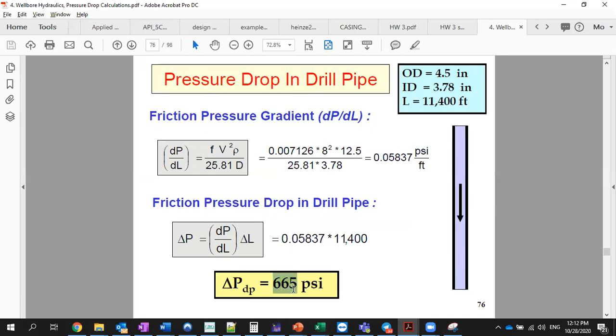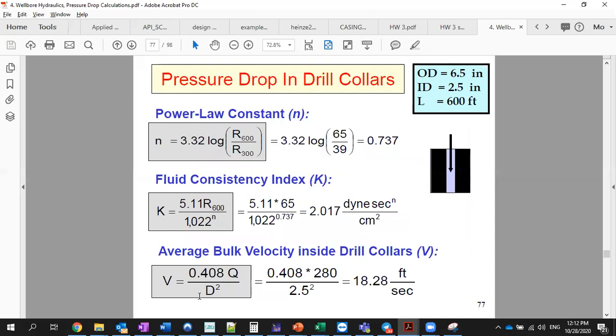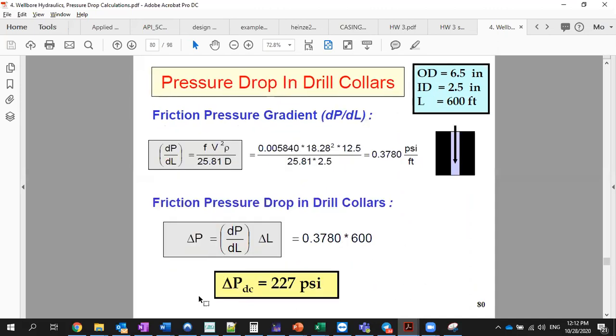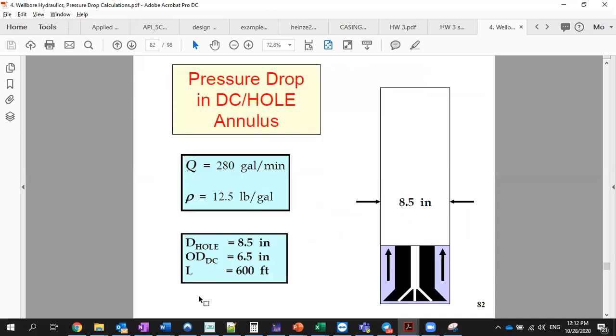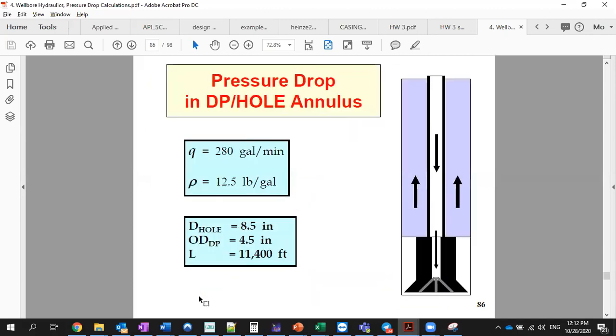So that is basically the general process, and it can be applied to all the sections in your drill string system, right? Could be in the drill collar, which is written here, could be the annulus of drill collar and wellbore, annulus of drill pipe and wellbore. So you just need to make sure you use the correct diameters.